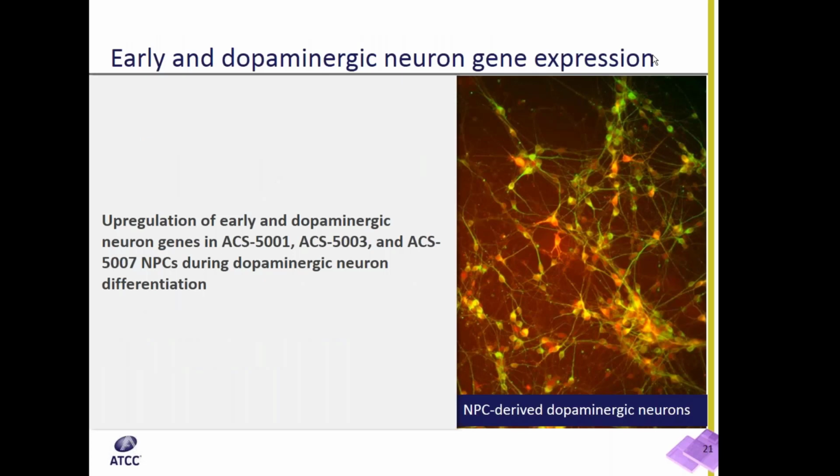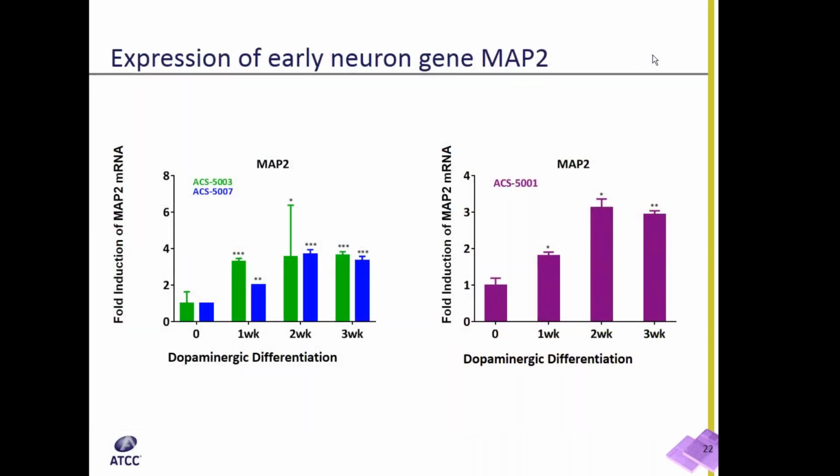First, we confirmed upregulation of early and dopaminergic neuron genes. Here we see that the functional neuronal marker MAP2 messenger RNA increased significantly during 3 weeks of neuronal differentiation of the ACS 5003 and 5007 NPC lines.